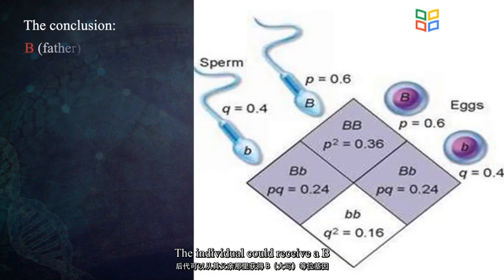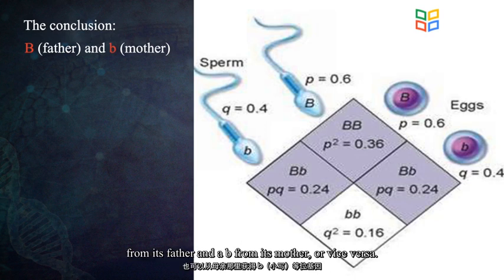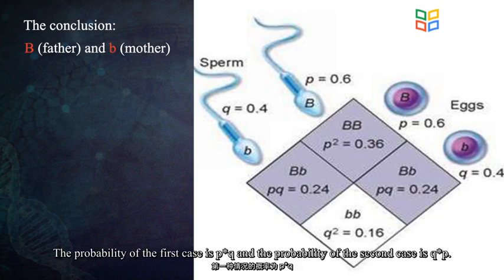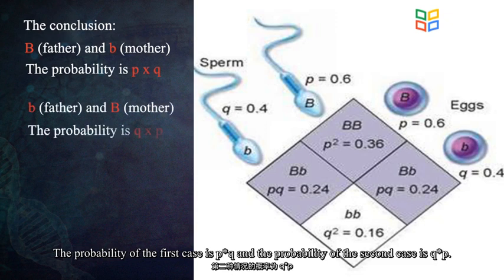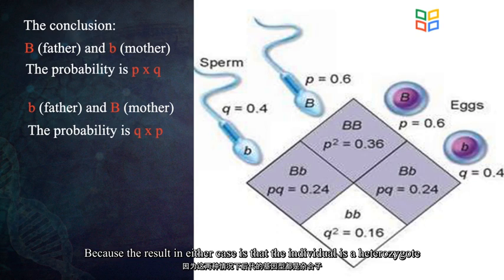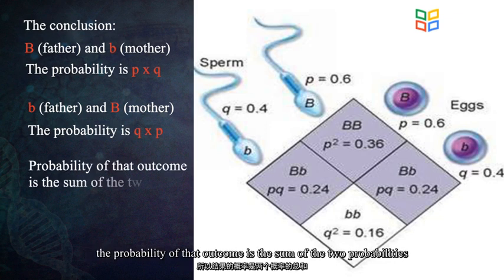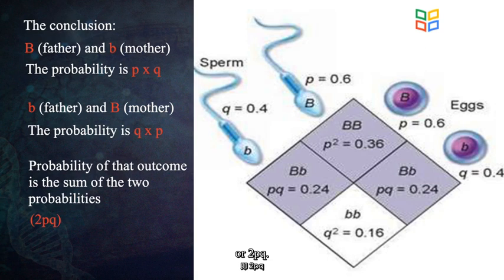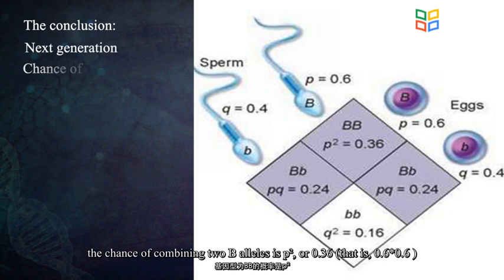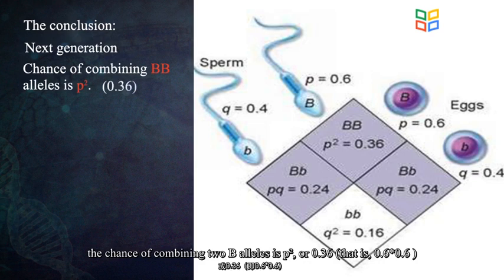The individual could receive a B uppercase from its father and a b lowercase from its mother, or vice versa. The probability of the first case is p times q, and the probability of the second is q times p. Because the result, in either case, is that the individual is heterozygote, the probability of that outcome is the sum of the two probabilities, or 2pq. In the next generation, the chance of combining two uppercase B alleles is p squared, or 0.36, that is 0.6 times 0.6.